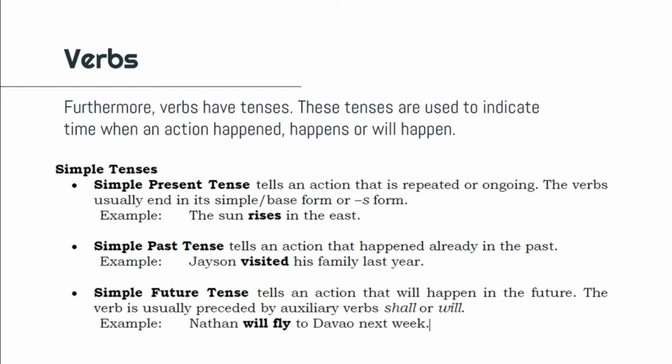Next, we have simple past tense. It tells an action that happened already in the past. Example, Jason visited his family last year. And for simple future tense, it tells an action that will happen in the future. The verb is usually preceded by the auxiliary verb shall or will. An example of this is, Nathan will fly to Davao next week.